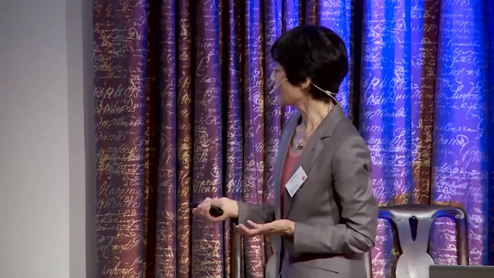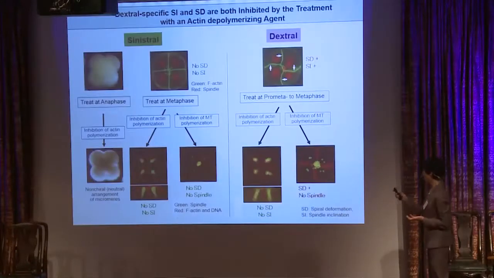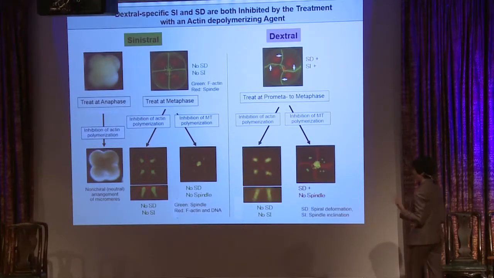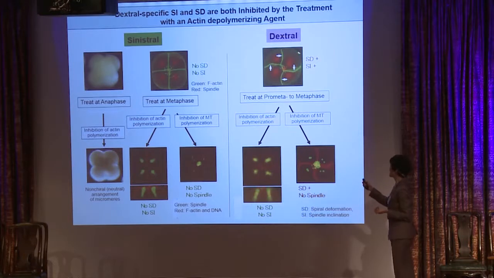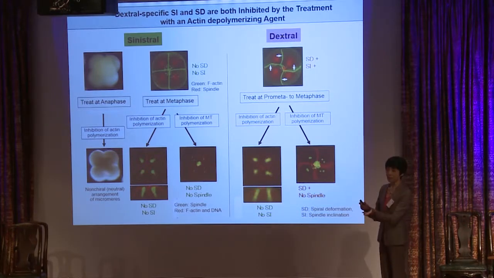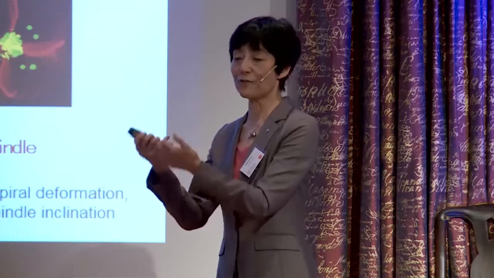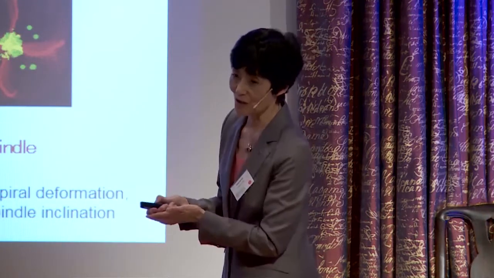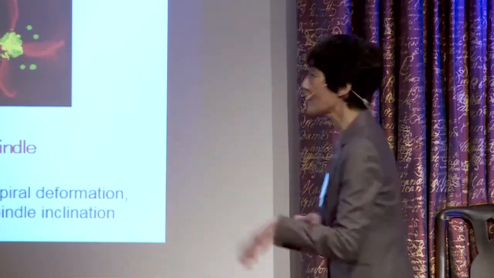It's quite interesting. Now I looked at what is actually involved in the molecular way. This is the dexter one. If I inhibit actin polymerization, there's no membrane deformation and there's no SI either. So the spindle is not pushing the cell; rather the cell is deformed and the spindle tilts following the shape of the cell.